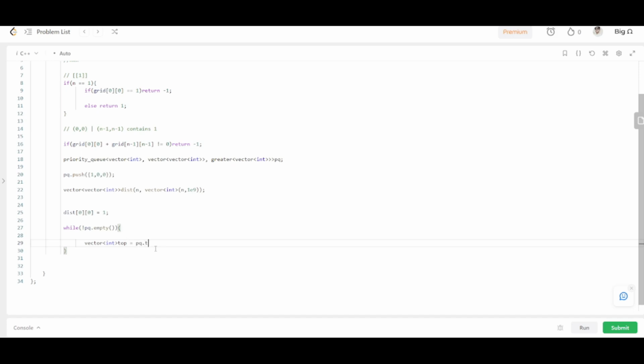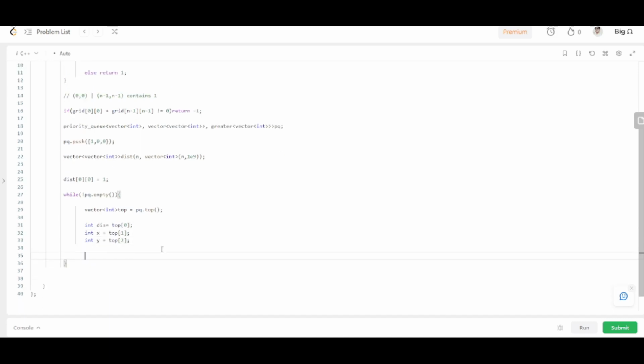So pq.top, and just find the cost, or distance, let's call it dis, which will be the very first element in this top vector. Also the x coordinate of this cell would be top[1], and the y coordinate would be top[2].